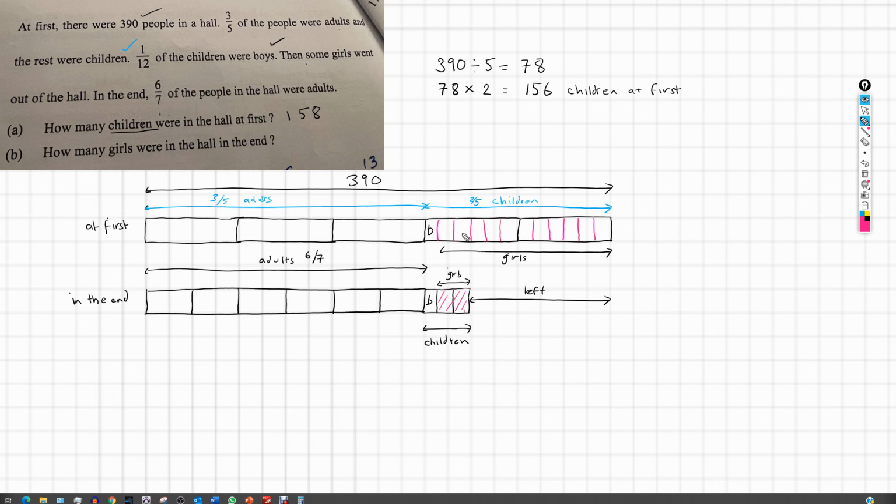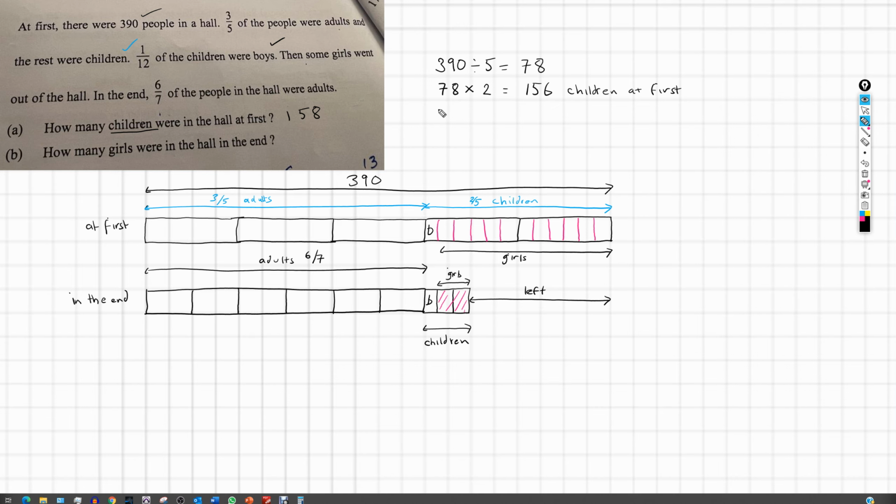Well, we know that there were 156 children at first. We divided this by 12, so these are all twelfths of this amount.